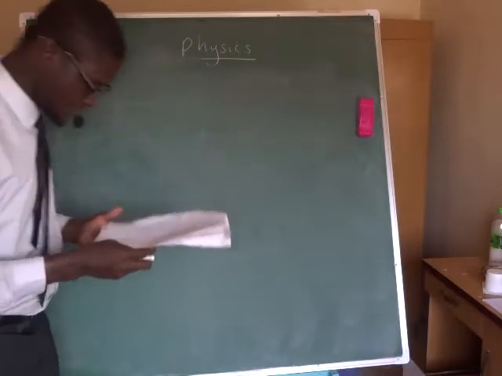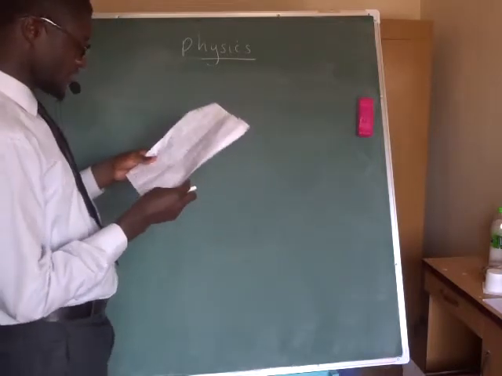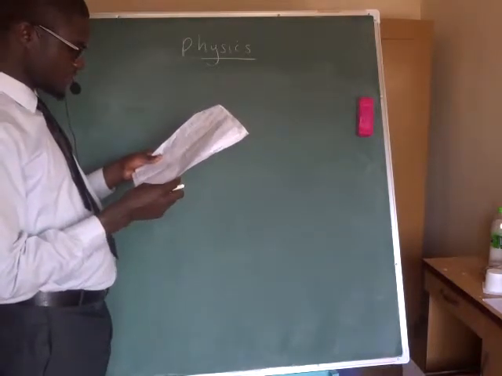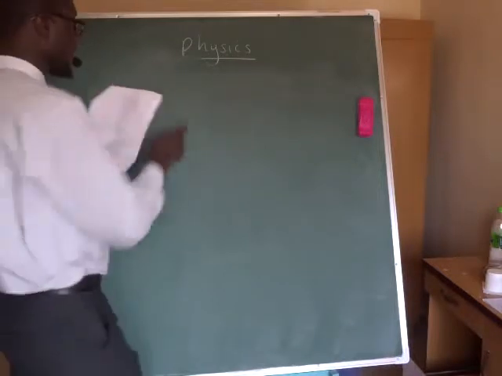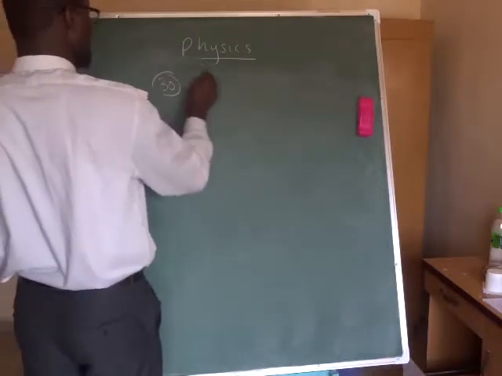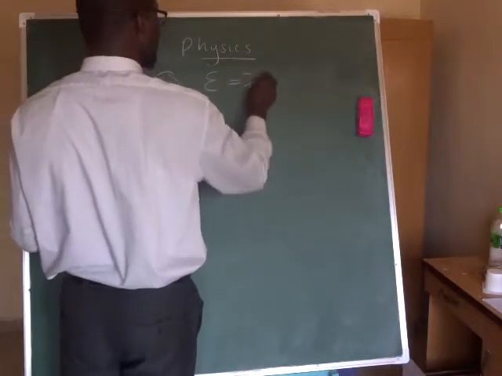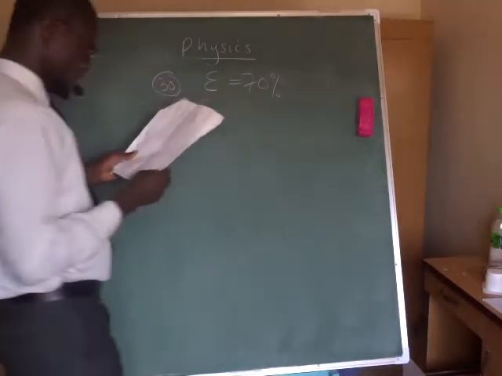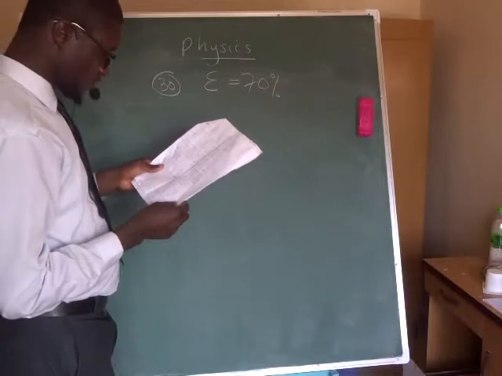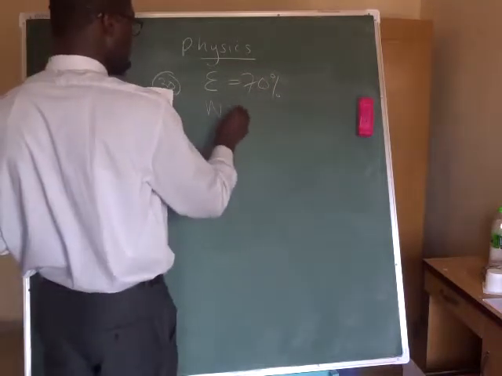So question 30 is also a calculation. It says the efficiency of a machine is 70%. They say calculate the work done. We're looking for work done.